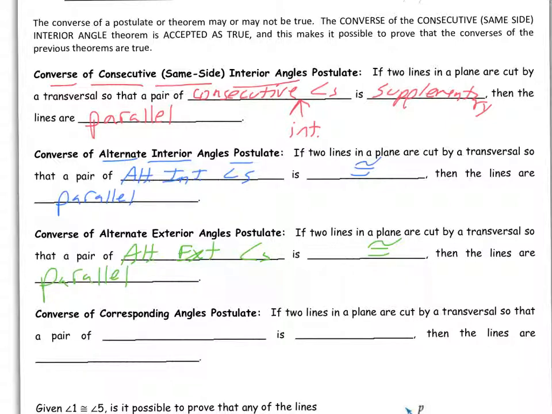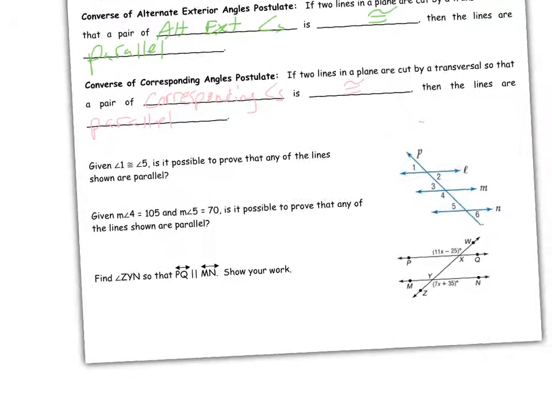And the last one, if corresponding angles are congruent, then the lines are parallel. So today we're not proving angles congruent, we're proving lines parallel. That's the difference between what we did today and the day before.